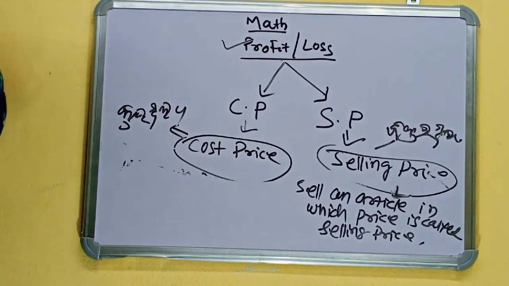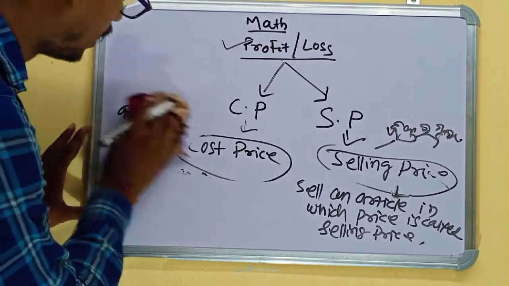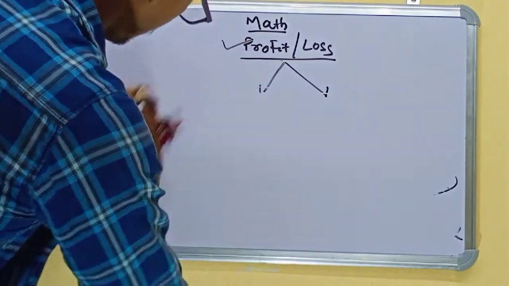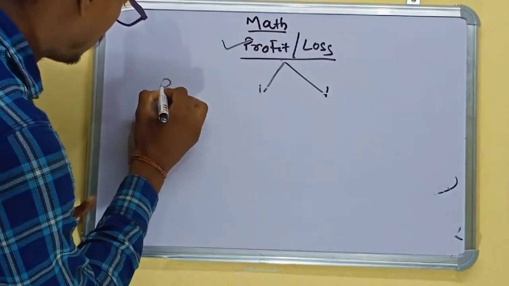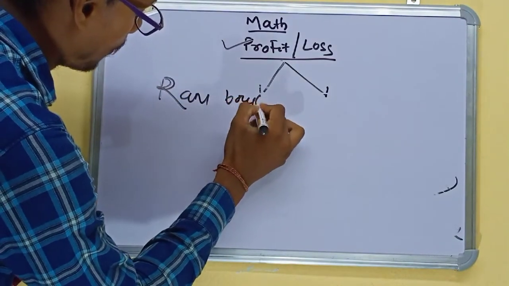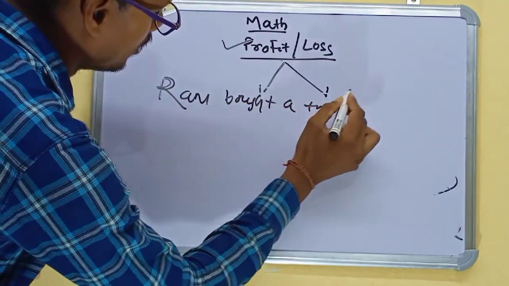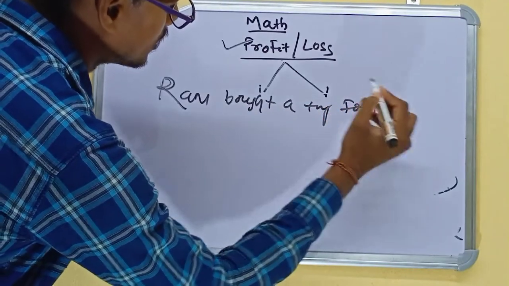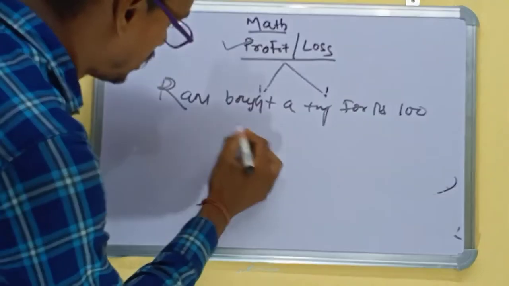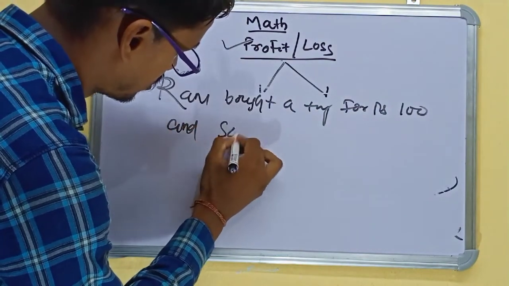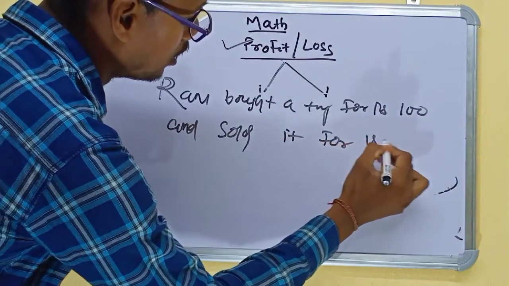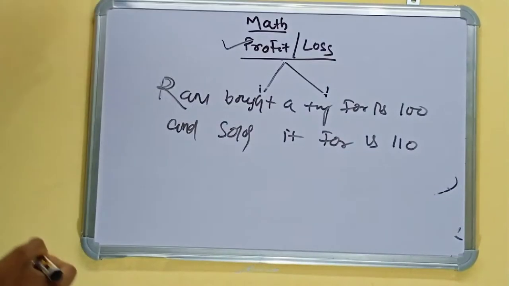Then we explain it through an example. Ram bought a toy for rupees 100 and sold it for rupees 110.